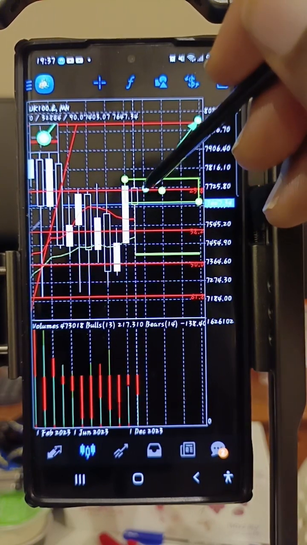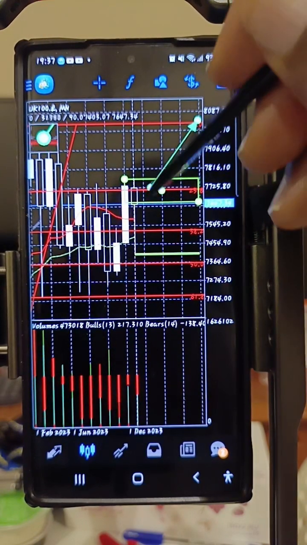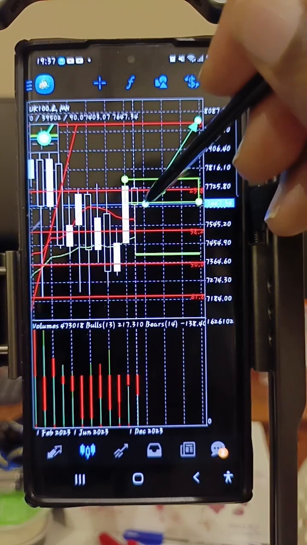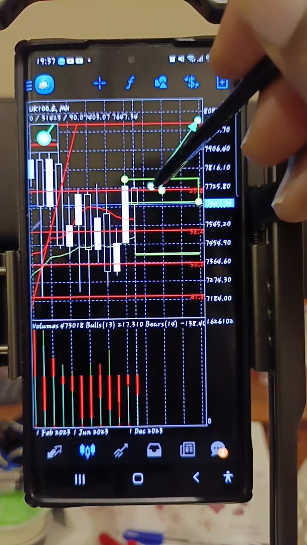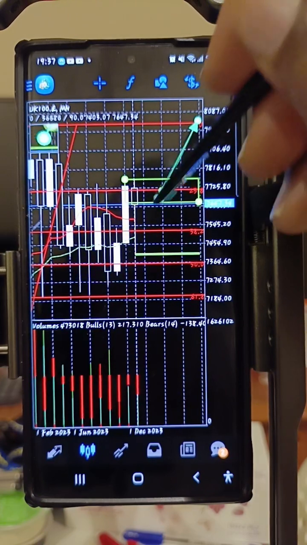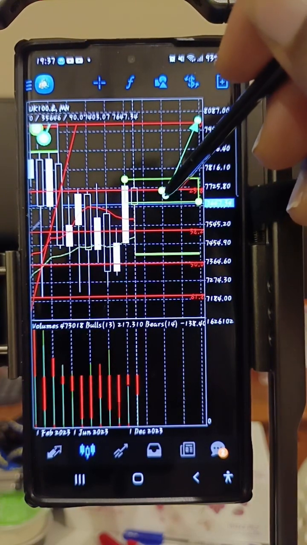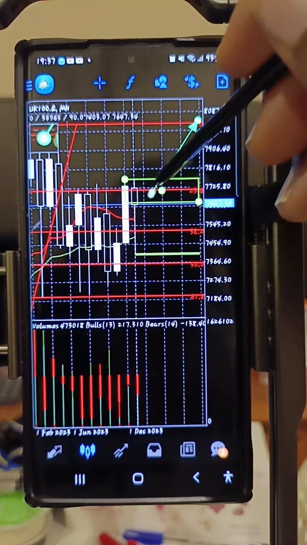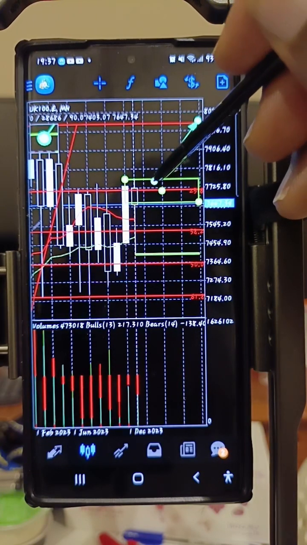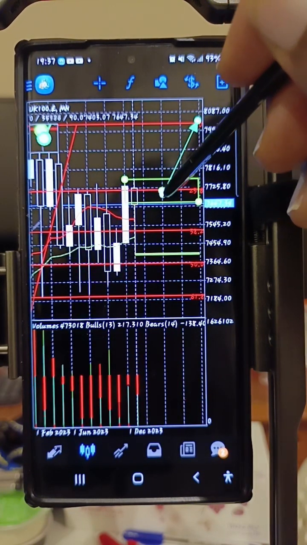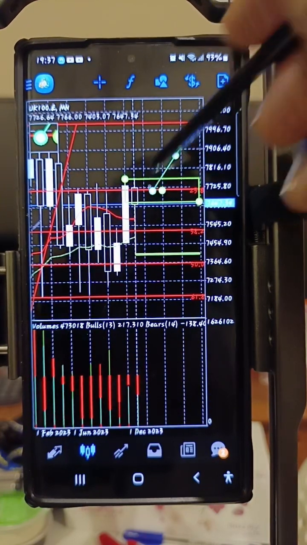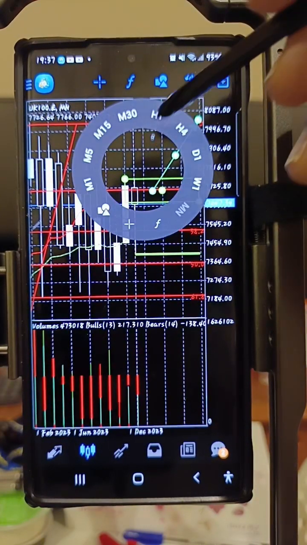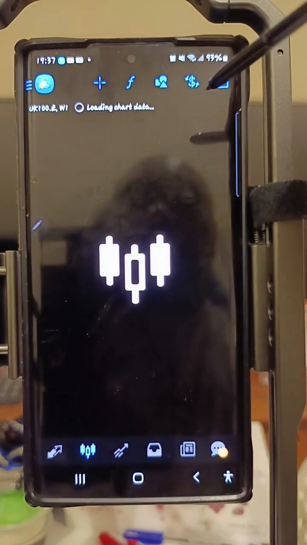If it gaps up within this box, and then starts to sell off. But I can clearly go down to the week.